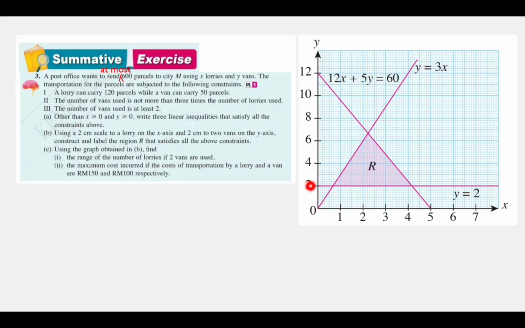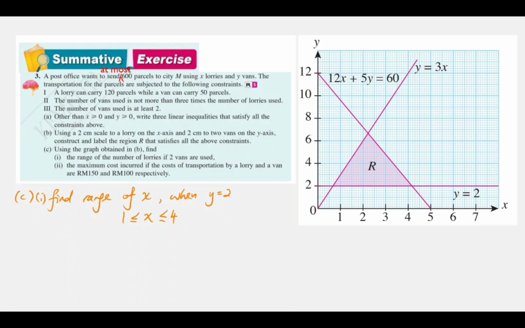The range of x does not start from 0.7. Look carefully because we don't have 0.7 lorries. So it should be from 1 to 4, but not 4.2. So our range of x will be from 1 to 4. So x will be greater than and equals to 1 and smaller than and equals to 4.